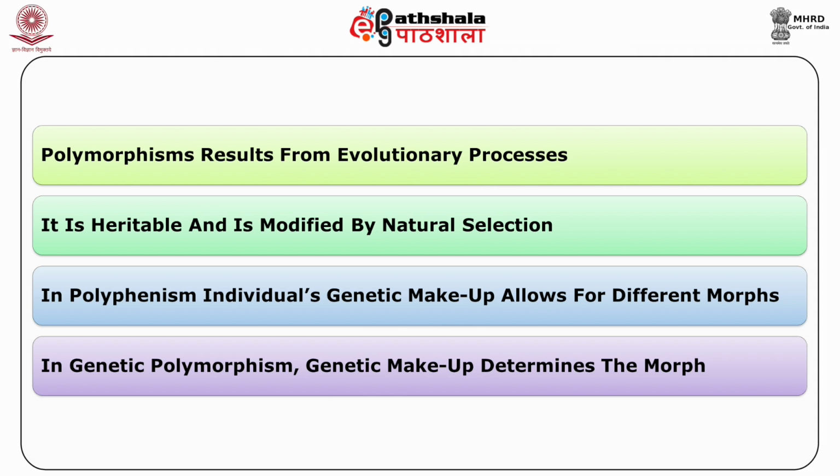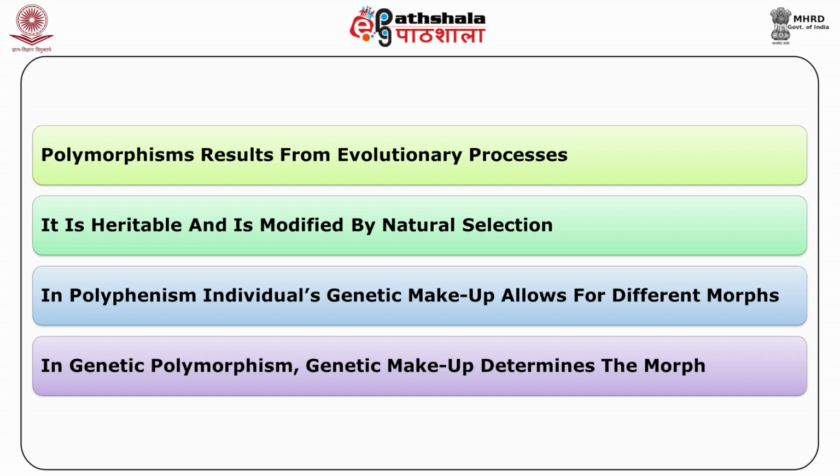According to the theory of evolution, polymorphism results from evolutionary processes, as does any aspect of a species. It is heritable and is modified by natural selection.